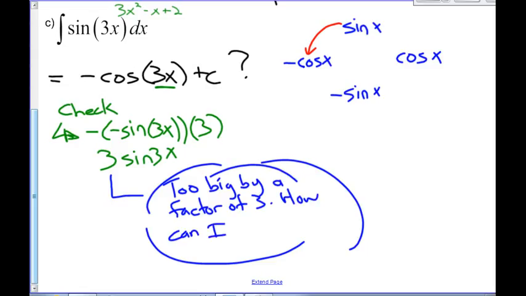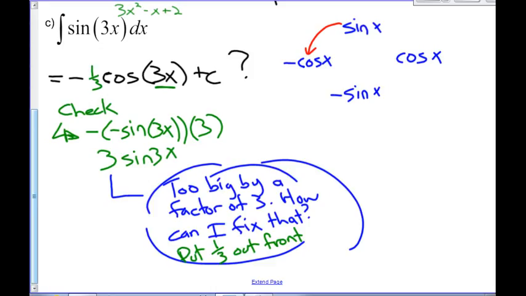The fact that it's too big, it's 3 times too big. And the way you can fix it is by putting a third out front. So I'll go back up here to the negative cos x, and I'll put that 1/3.